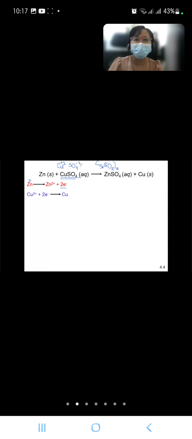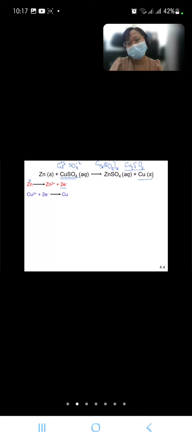If Cu here were positive 1, the formula should be Cu2SO4. But that is not the formula that is here. CuSO4, which means their subscripts were canceled. Okay? So that's why we are able to say that copper here is positive 2 on the reactant side.